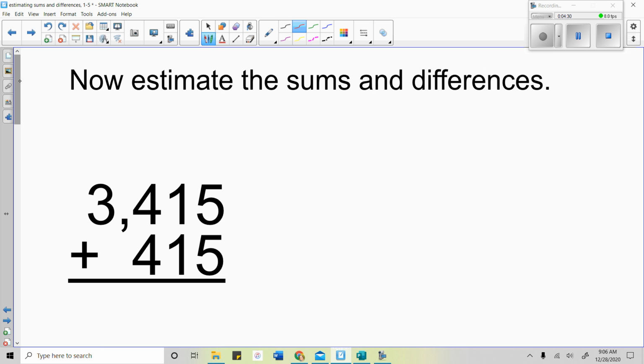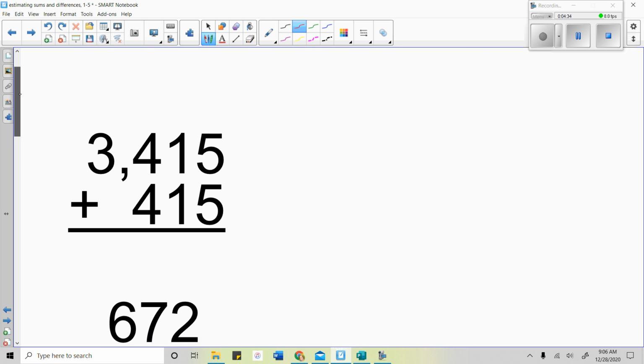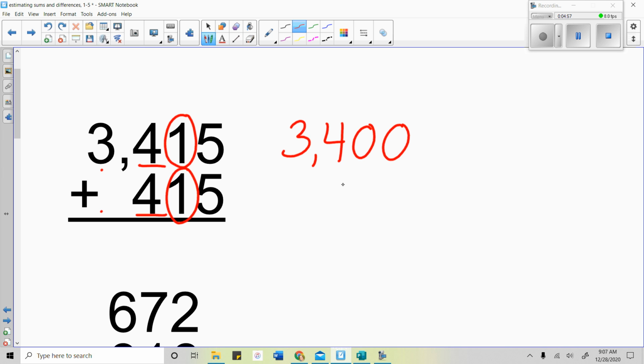Now we're going to go through those same problems and actually solve them. So we're going to underline, circle, and round. We'll do the first one together. Copy it down. The first step is finding the place you round to, which they do not both have a thousands place, so I would move over. They both have a hundreds place, so I'm going to underline and circle the hundreds place. The first number is going to round to 3,400, and the other number is going to round to 400.